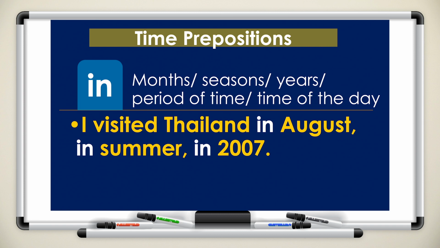Now, in August is a month. In summer is a season. In 2007 is a year. So we use in if we're talking about months, seasons, years, periods of time, or time of the day.